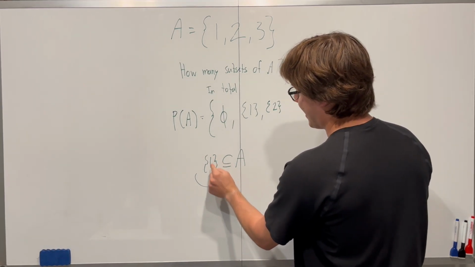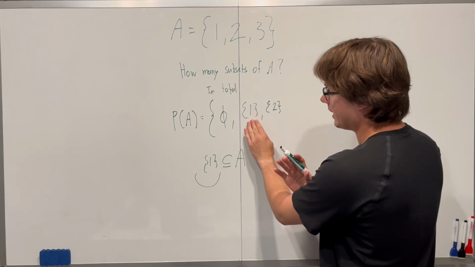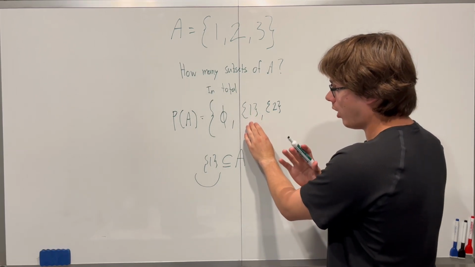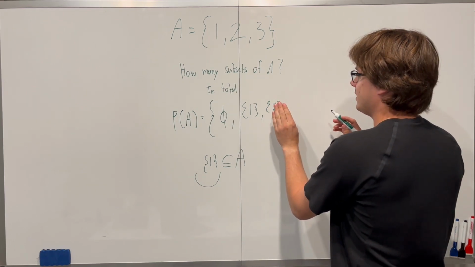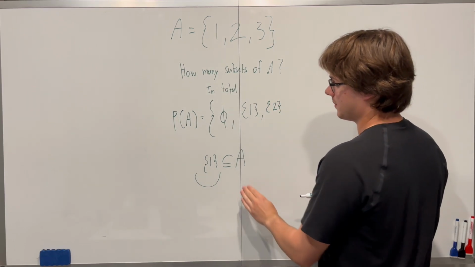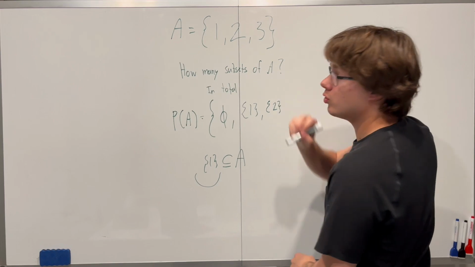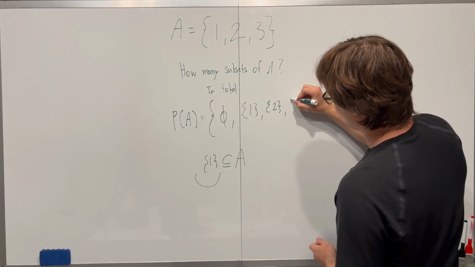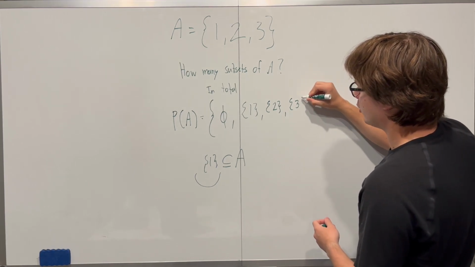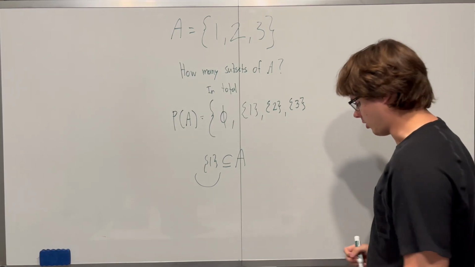We know the set of only 1 is a subset of A because 1 is in A. We know the set of only 2 is a subset of A because we know 2 is in our original set A.